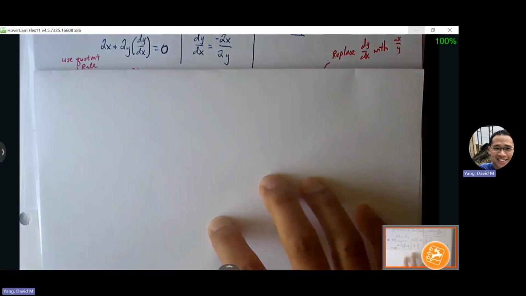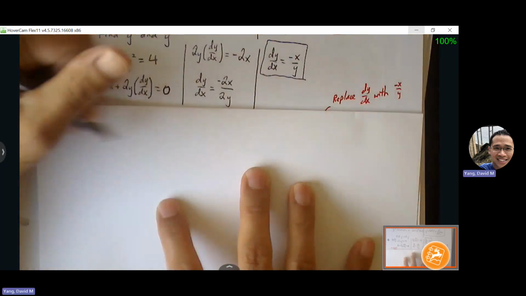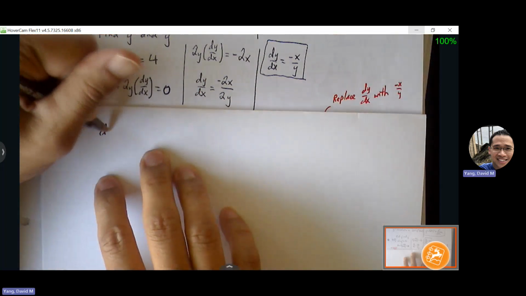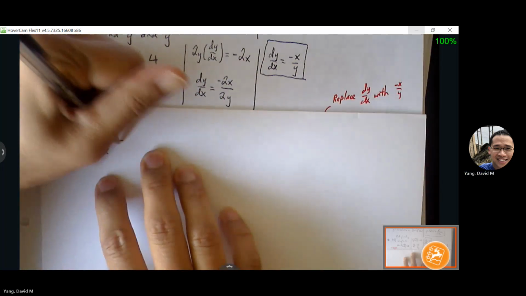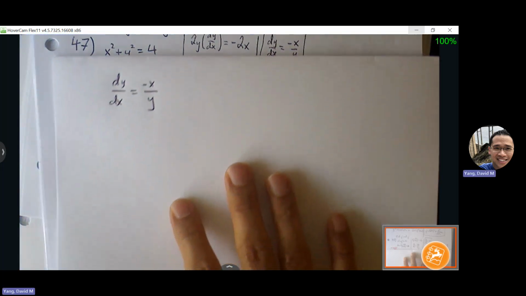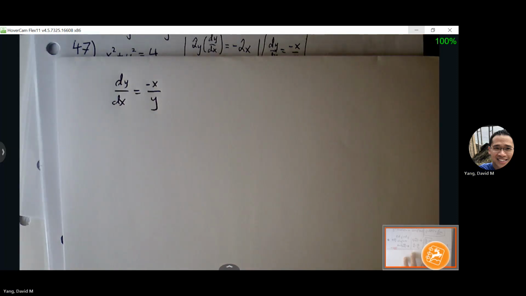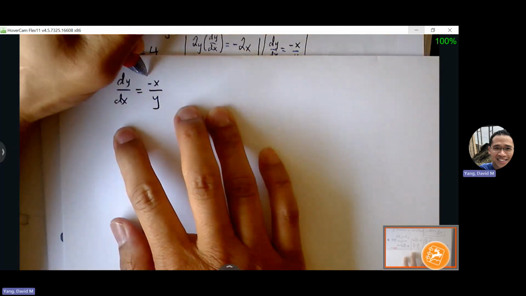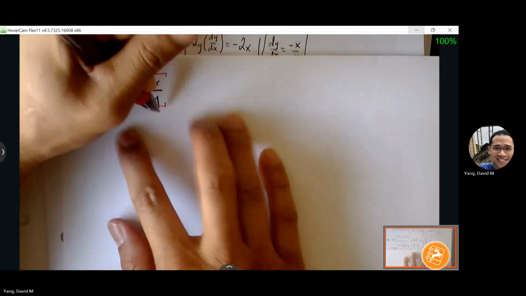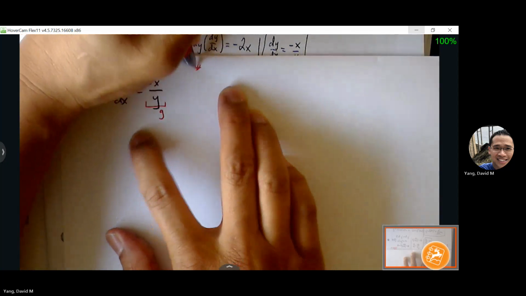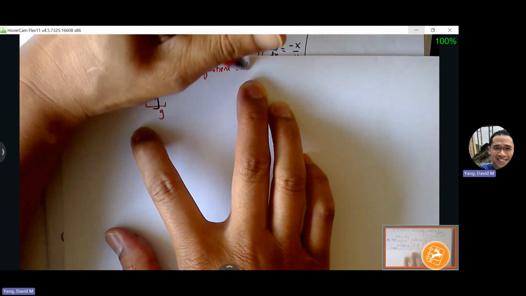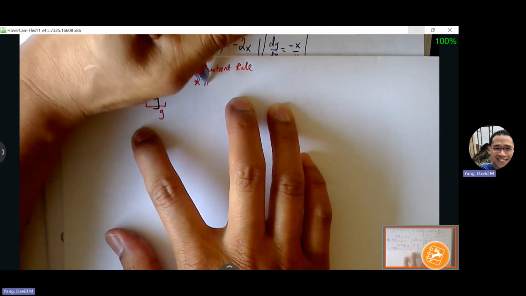I'm finding the derivative again, but I'm starting with dy/dx equals negative x over y. Right, so we said quotient rule, and implicit.